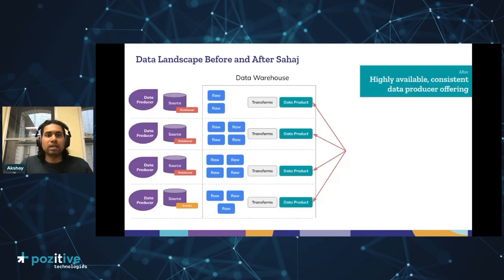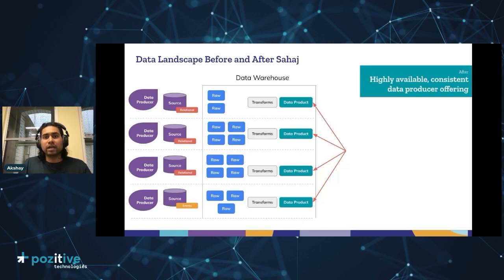So when we went in, one of the things we started to do is, first of all, identify who the data producers were, or the teams looking after the source systems itself.